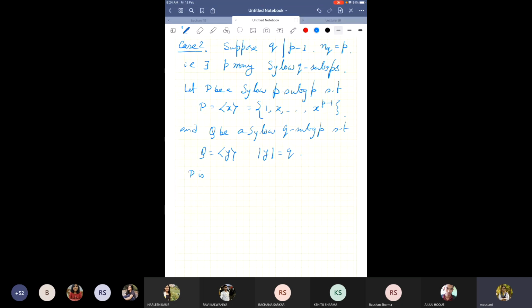Now P is a normal subgroup of G, as P is the only Sylow P subgroup. Therefore, P should be normal.